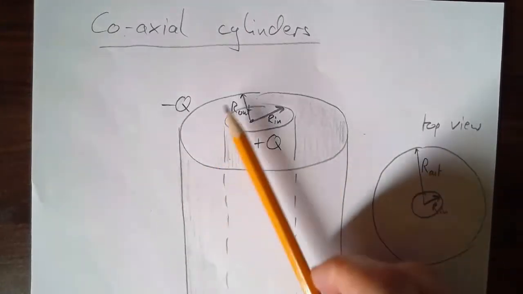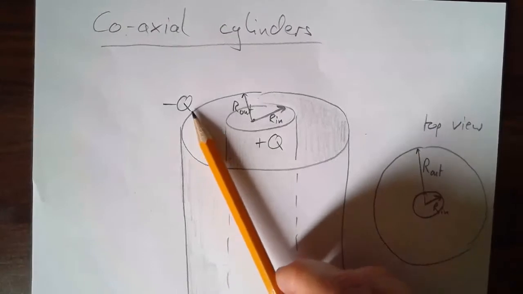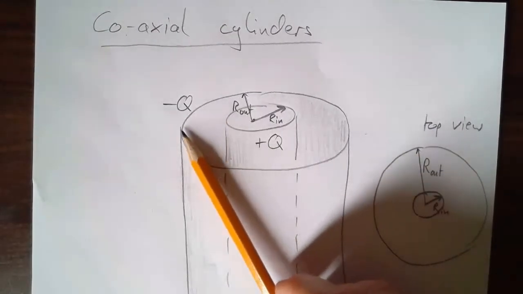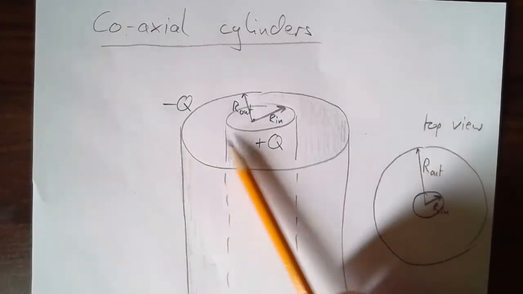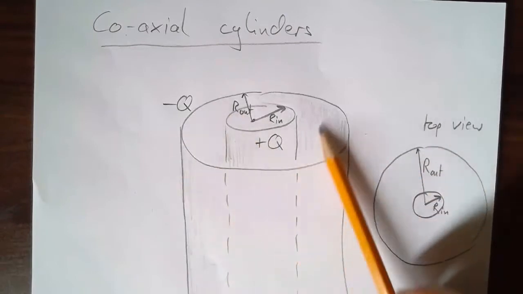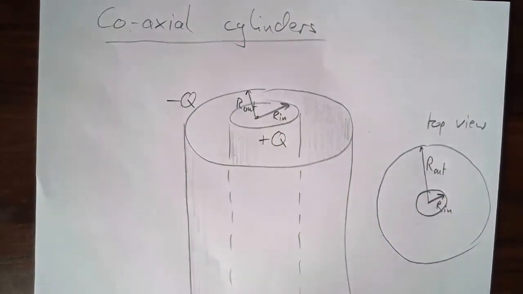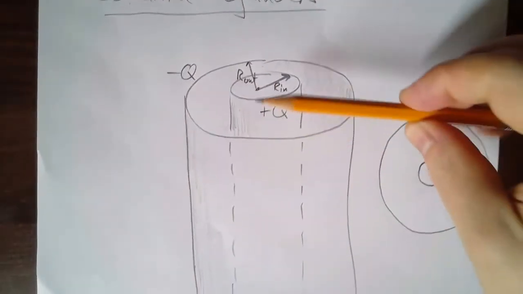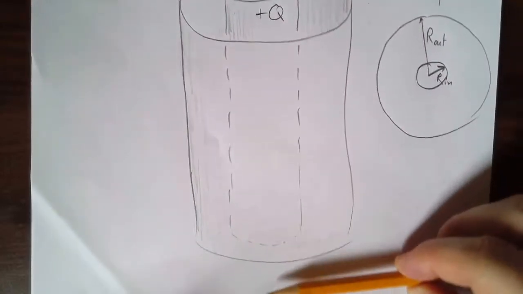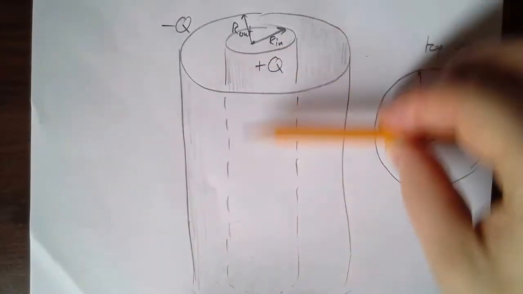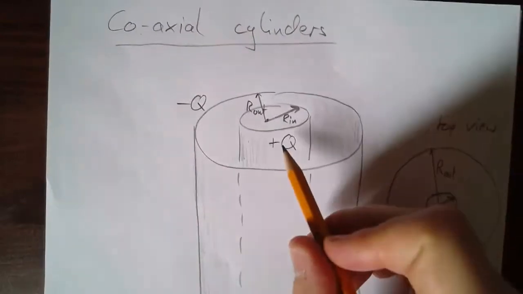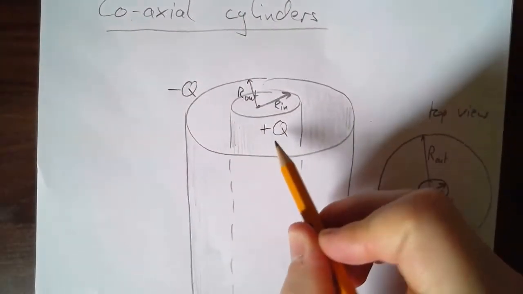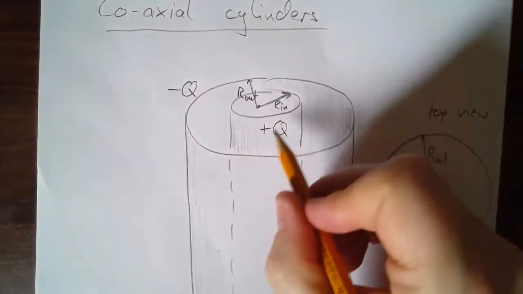That of course means, because the outside cylinder is bigger, that the charge density, like per area of wall here, is going to be less than here, because it's just more area for the same total charge. And actually, I'm going to change this up a bit, because for this kind of setup, if you imagine a long cylinder that keeps going, I can't draw it to be infinitely long, but if you imagine it's going on for a very long time, it's probably more useful if I talk about the charge per length.